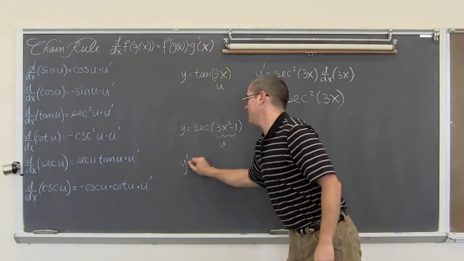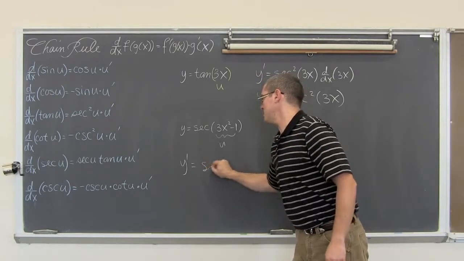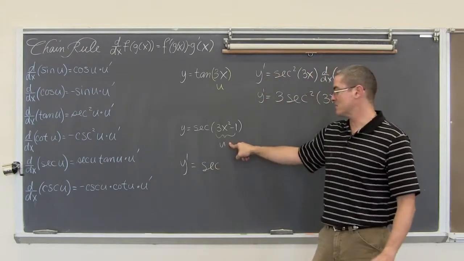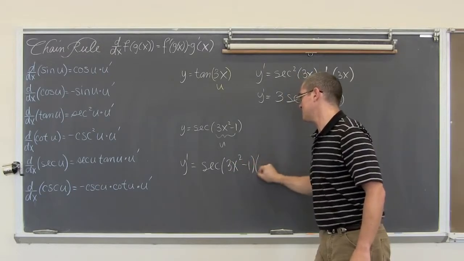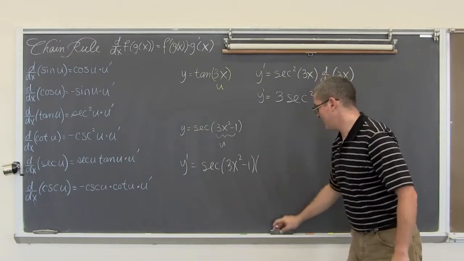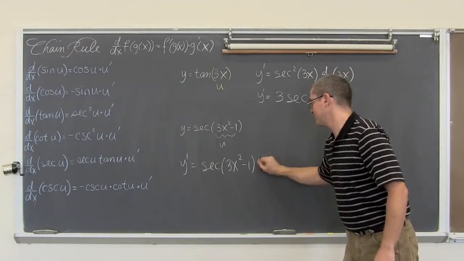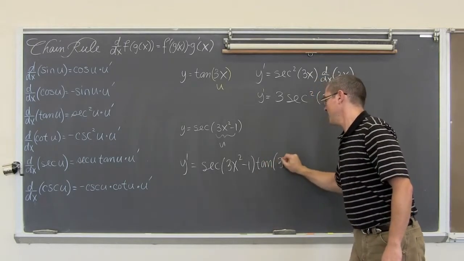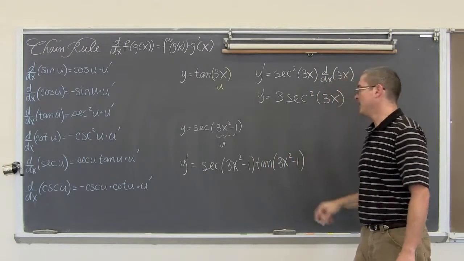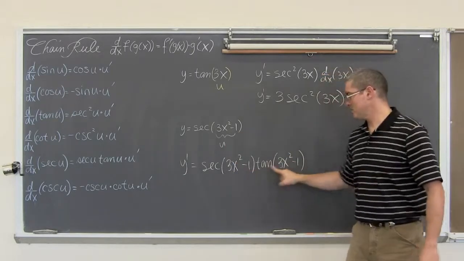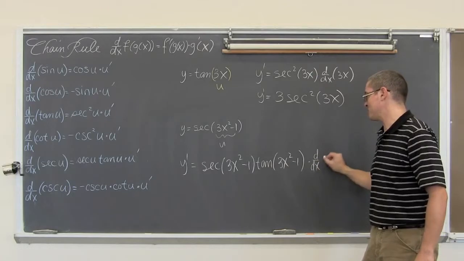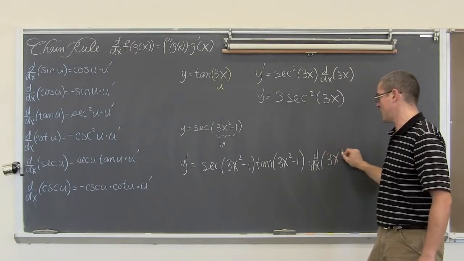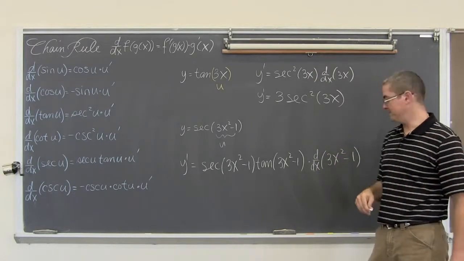So y prime is equal to secant, now this is our u, so secant of 3x squared minus 1 times tangent of 3x squared minus 1. And that's our u. Now we have to find the derivative with respect to x of 3x squared minus 1.